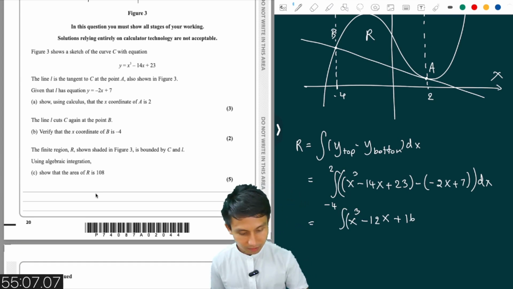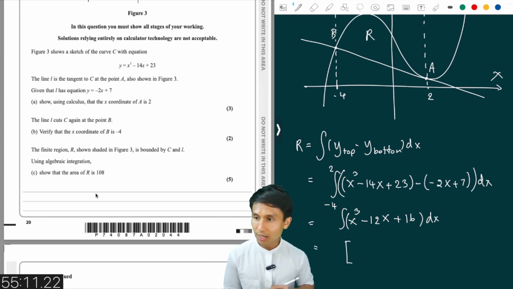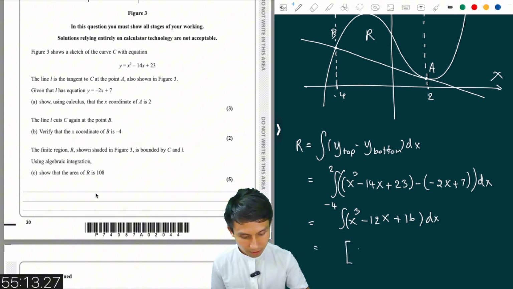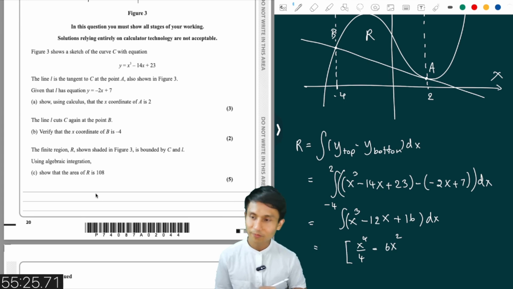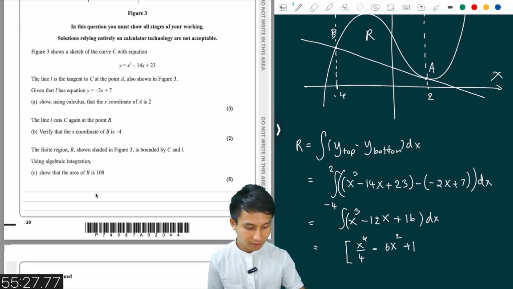Integrating. And then we get x to the 4 over 4. Hang on. Okay, integrating 12x, we get x squared divided by 2, so that should be 6x squared. Yep, plus 16x. Okay, and this is from minus 4 to 2.